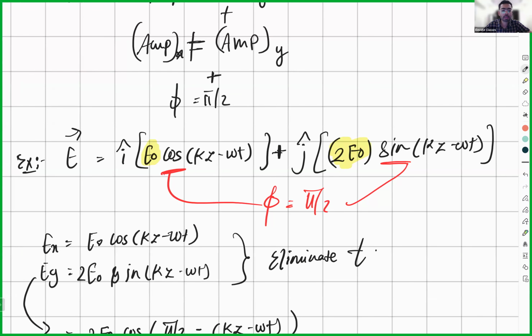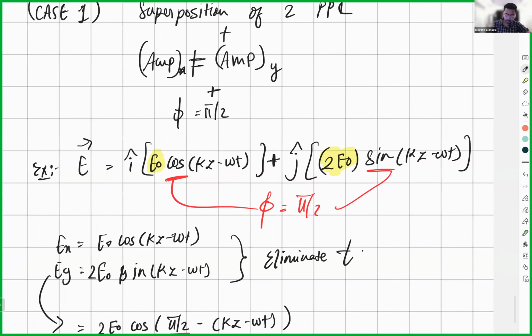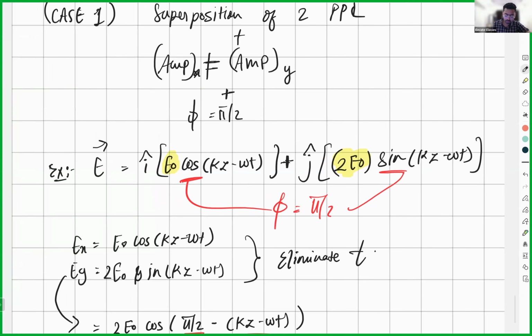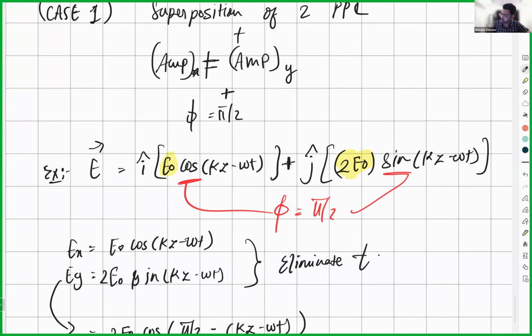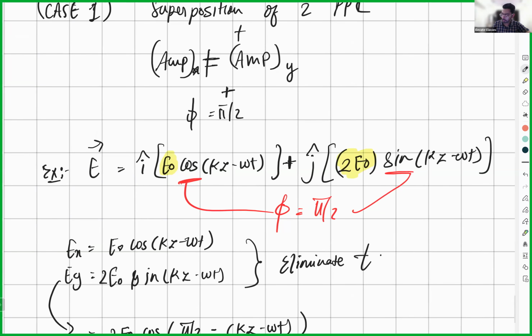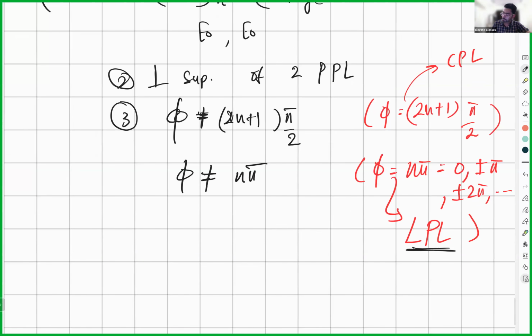So a phase difference of 2 pi means cos of (kz minus omega t) and cos of (kz minus omega t). So this will give me (i cap plus j cap), or (i cap plus 2 j cap), multiplied by E naught cos(kz minus omega t). So this becomes a plane polarized light, remember? So I cannot have pi, 2 pi, 3 pi, 0, these types of phase differences, which will make it a linearly polarized light. So that is why I've written it will become an LPL.